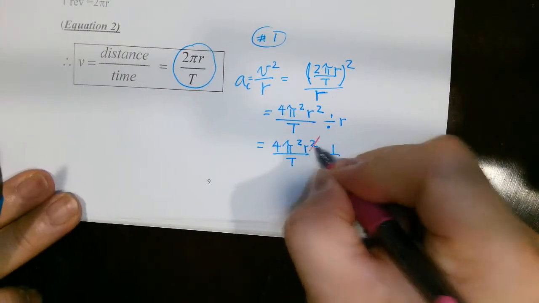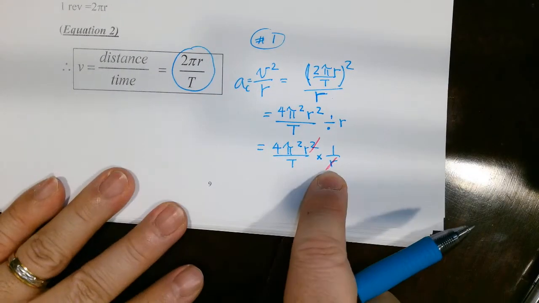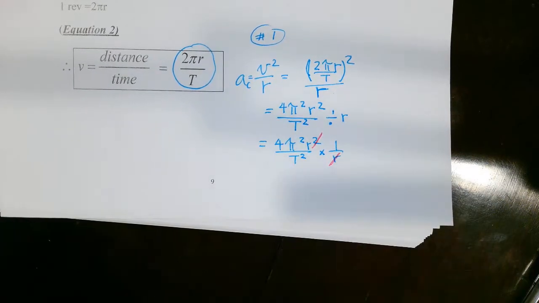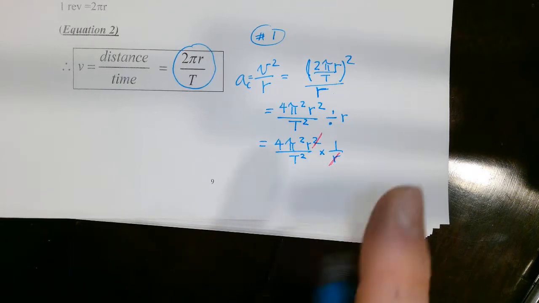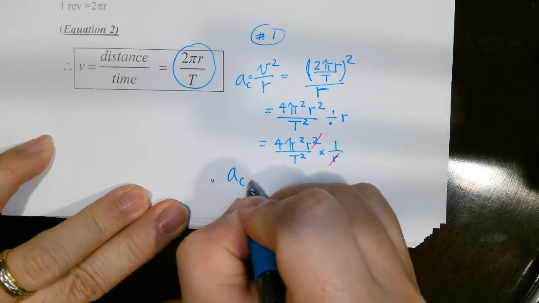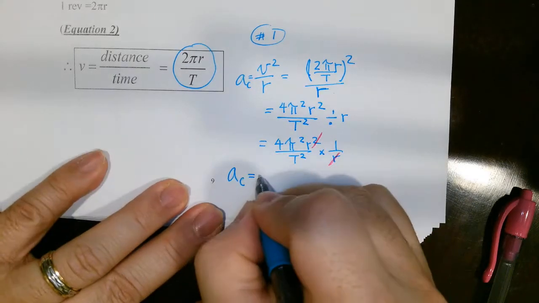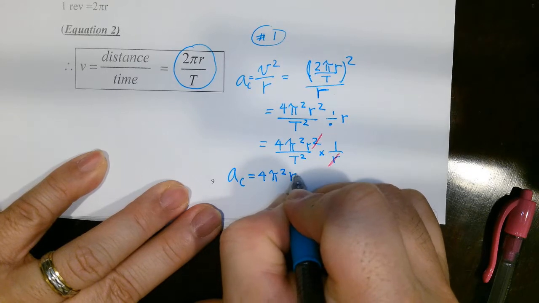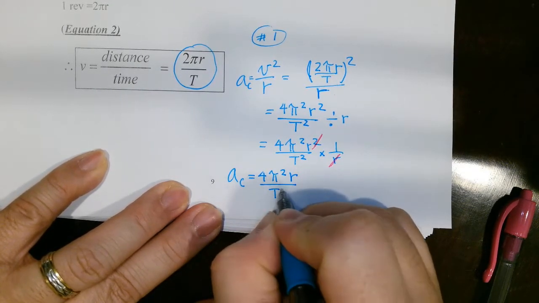Notice what happens to one of the squares of r and r at the bottom. I forgot the square on the period, sorry, right? So here, one of the r's would cancel out. So my a sub c now can also be represented as 4 pi squared r divided by the period squared.